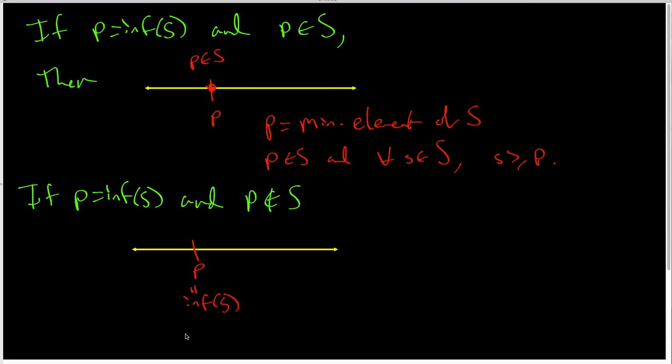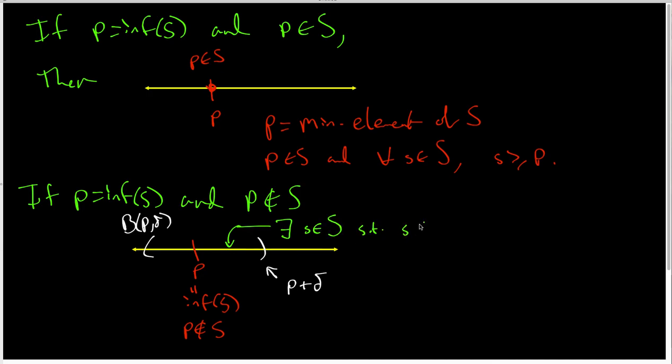And this time I know that P is not inside S. So when I look at this delta ball, and this endpoint of the delta ball is P plus delta, since P itself is not inside S, that means there has to exist a little s inside capital S such that little s belongs to this half of the delta ball.